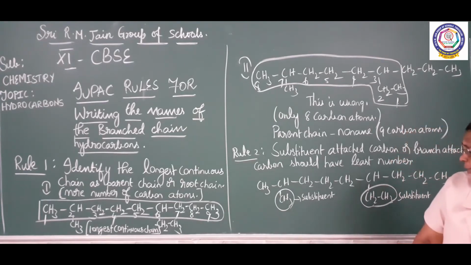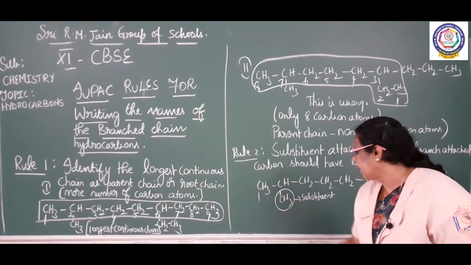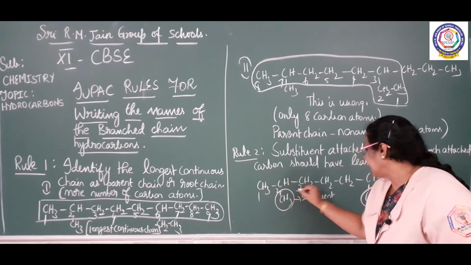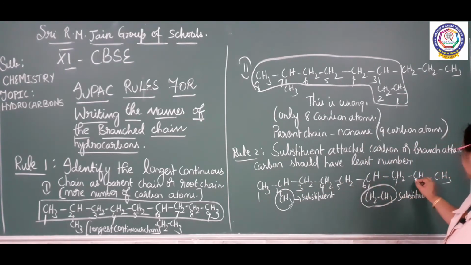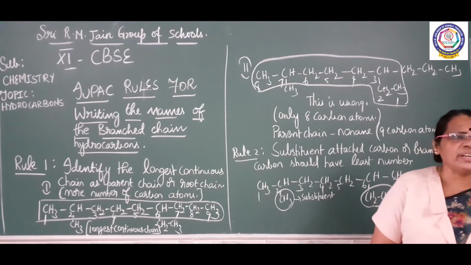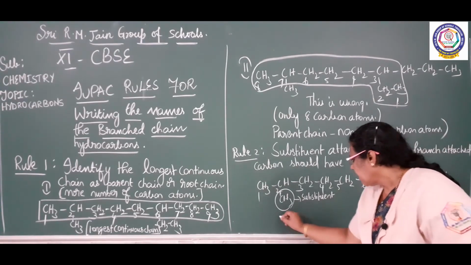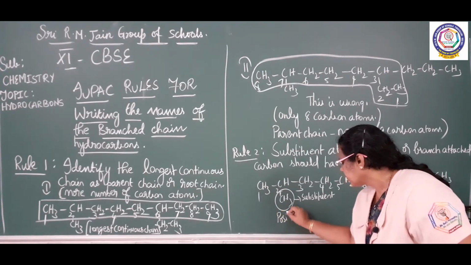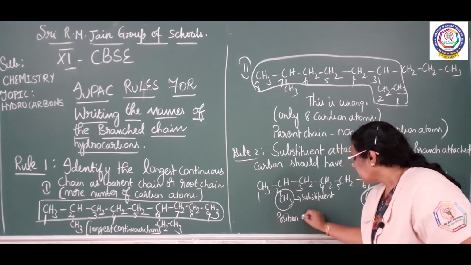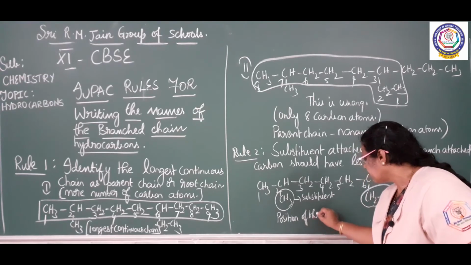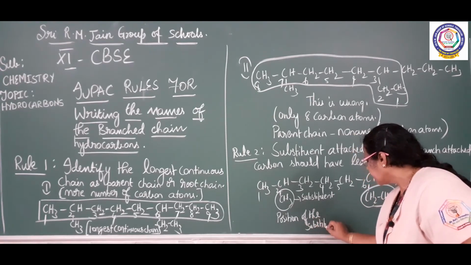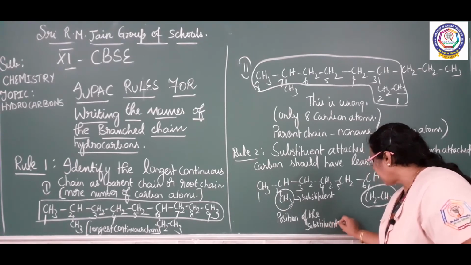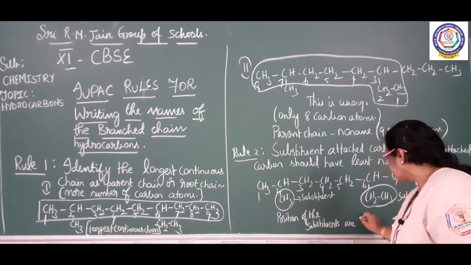Listen here, I am going to number like this: 1, 2, 3, 4, 5, 6, 7, 8, 9. See the position of the substituents here. In this case, the positions of the substituents are, what are they?